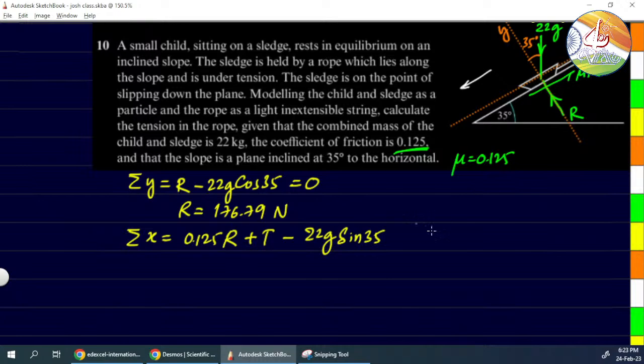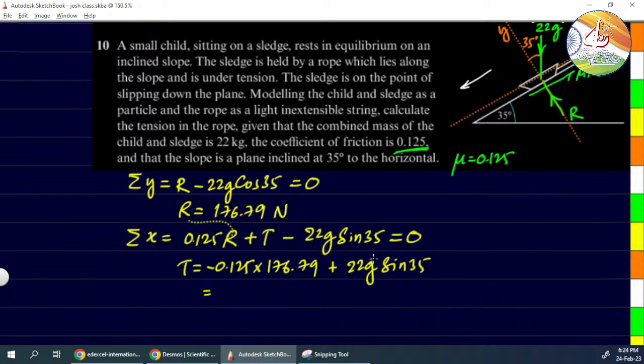These three forces we have taken, so total should be 0. Here we know the value of R, so substitute it. T will be the only unknown, so T equals, with the friction term becoming negative on the other side, 0.125 into 176.79, and this one becomes positive, 22g sine 35.